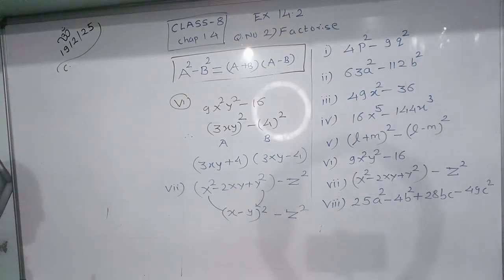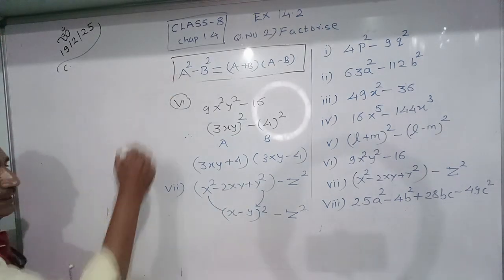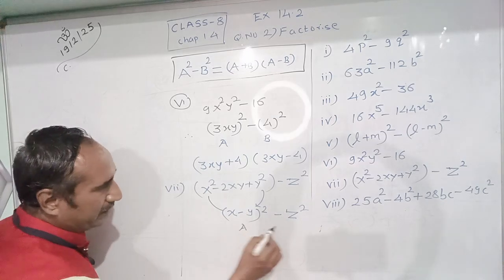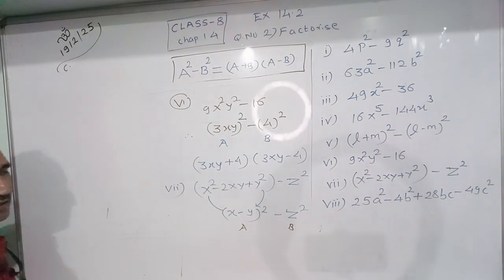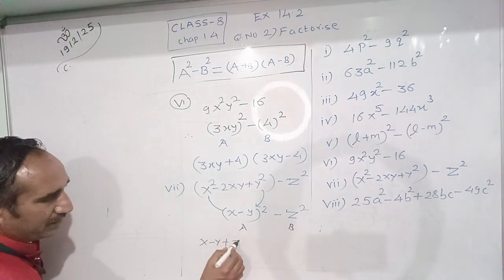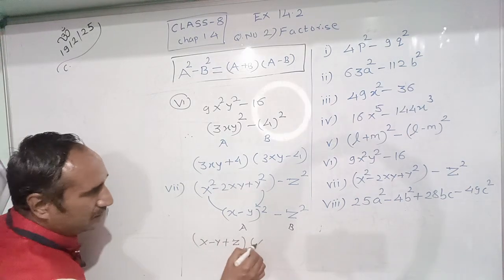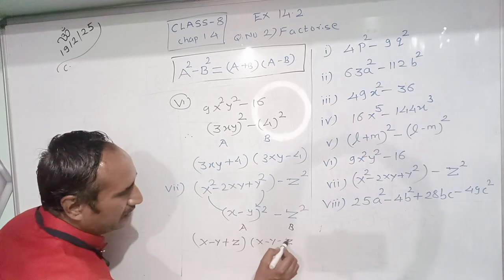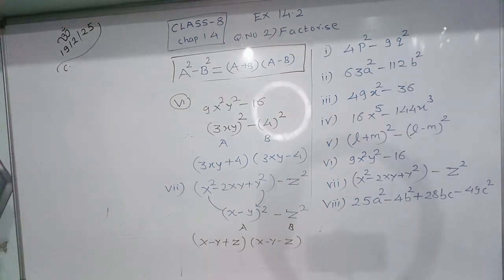Now it is converted into this identity, this one is a square and this one is b square. We have to take them into one bracket with a plus sign, in another bracket with a minus sign. So we got the factors.